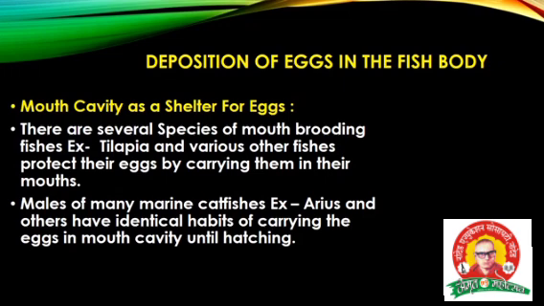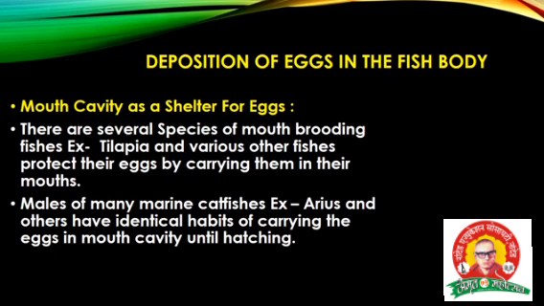Then the next example is deposition of eggs in the fish body. Some fishes protect the eggs, the spawn, in the body. The mouth cavity serves as a shelter for eggs. There are several mouth-brooding fish species, for example tilapia, which you know very well. In our Nanded city and all over Maharashtra, tilapia is a famous fish.